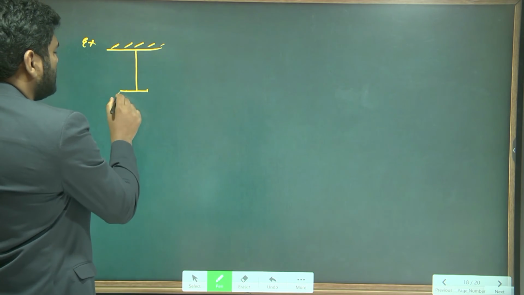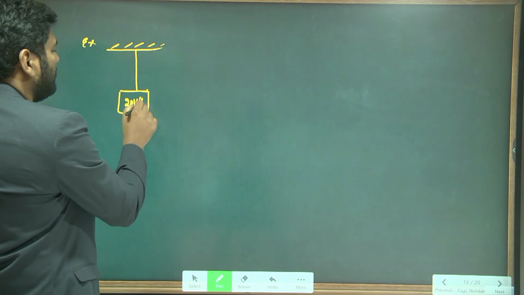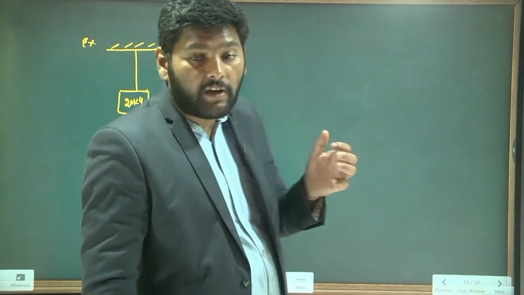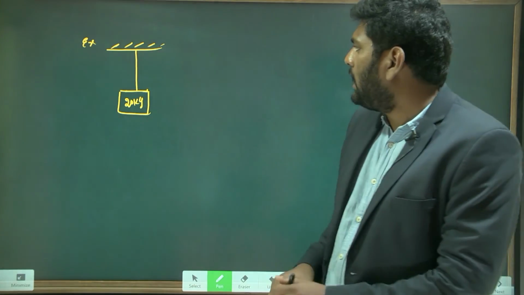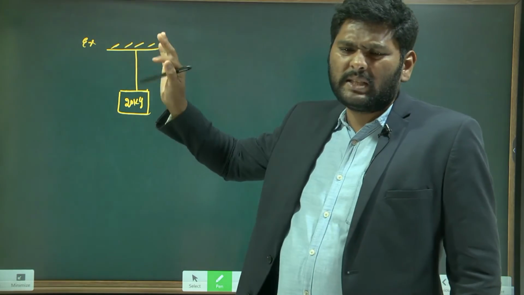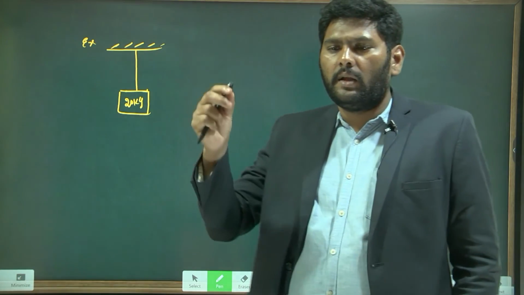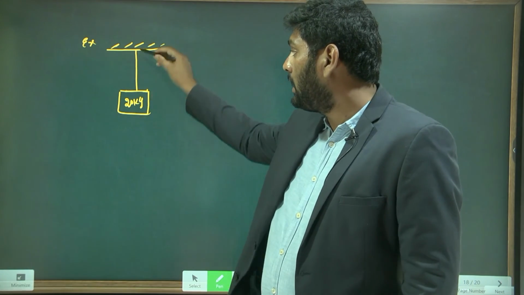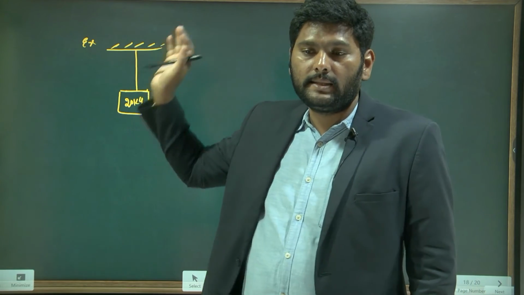The object mass is how much? 20 kg, not 20 newtons. 20 kg mass of the object I suspended with a string. This string does not have any mass. Neglect the mass of the string. It is a massless string, and we are tying the 20 kg object to that massless string.